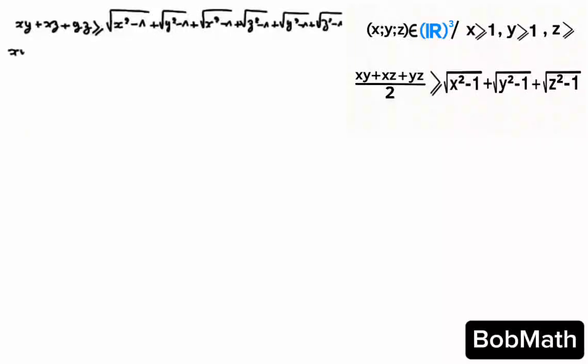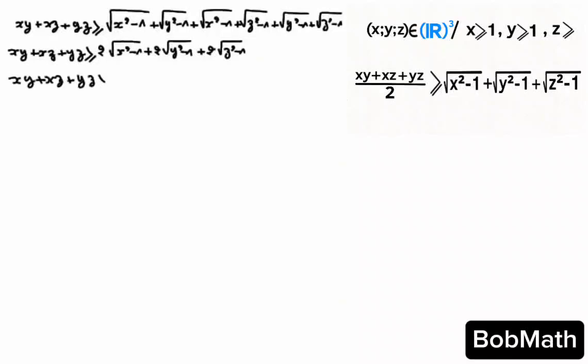Therefore, xy plus xz plus yz is greater than or equal to 2 times the square root of x² minus 1 plus 2 times the square root of y² minus 1 plus 2 times the square root of z² minus 1. So xy plus xz plus yz is greater than or equal to 2 times (the square root of x² minus 1 plus the square root of y² minus 1 plus the square root of z² minus 1).